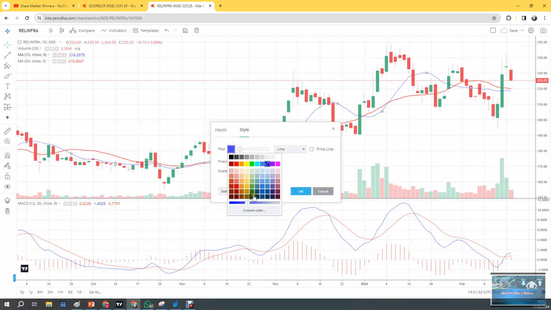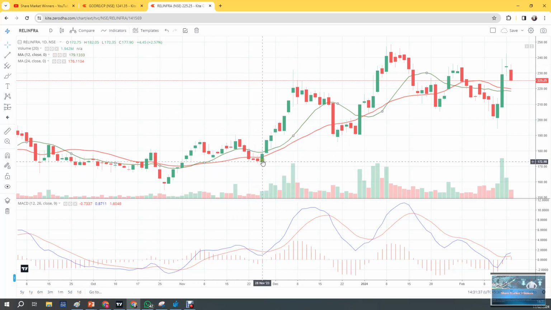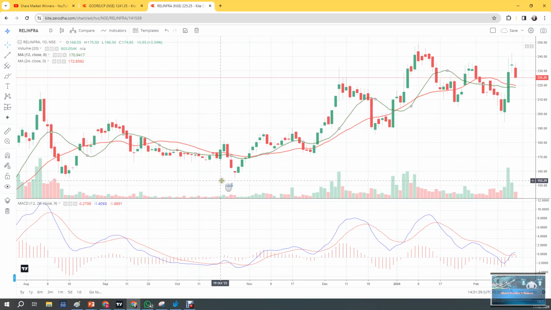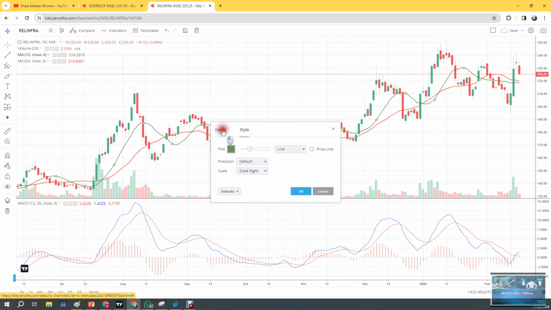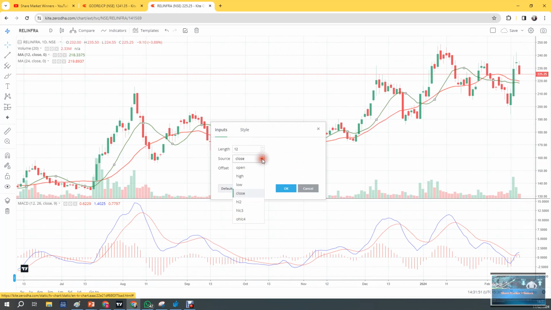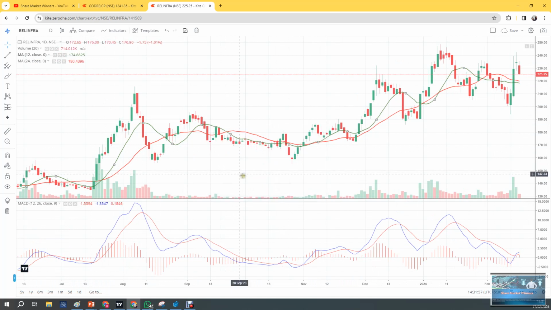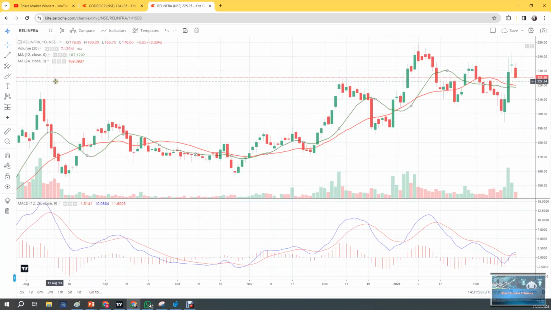Green. Okay, so here you can see the movements are not so aggressive because it is a simple moving average which we have chosen. There are options available in TradingView, where you will be able to adjust whether you want to use an exponential or a simple moving average.